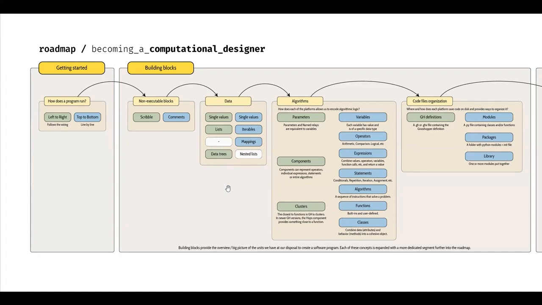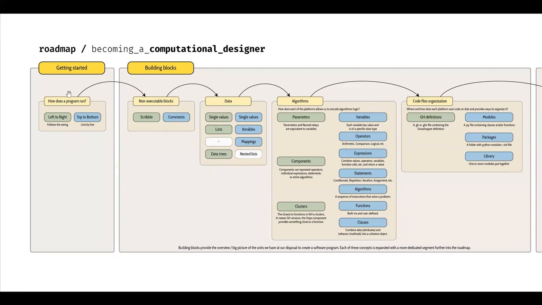So let's get started. The roadmap is read from left to right, very much like a Grasshopper definition. And it starts by describing how a program runs. It highlights in green how things work in Grasshopper, and in blue how the same concept works in Python.